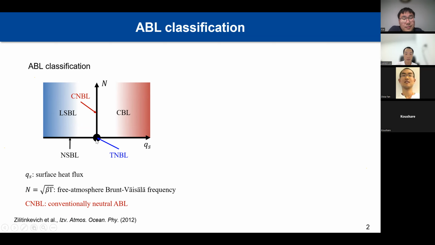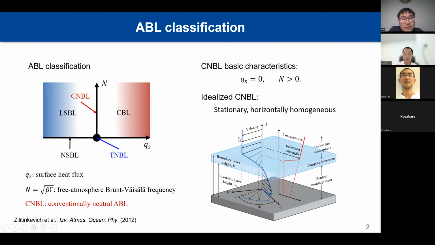Most studies focus on the truly neutral case, but recent studies found the free atmosphere stratification has a significant impact on both the ABL flow and the wind farm flow. So in this talk, I will focus on the conventionally neutral ABL. So what are the basic characteristics of the CNBL?